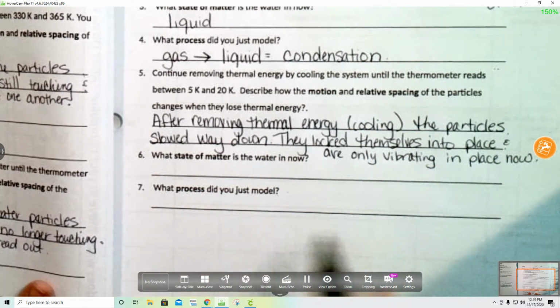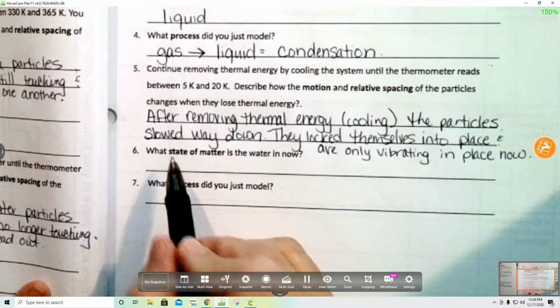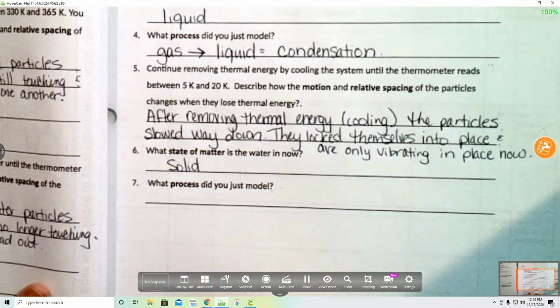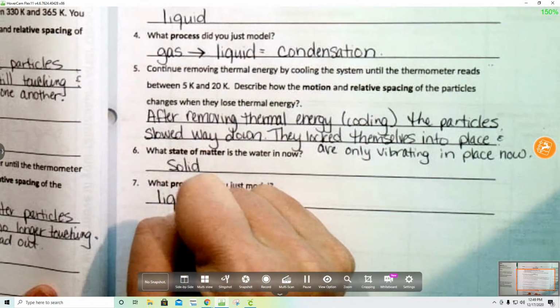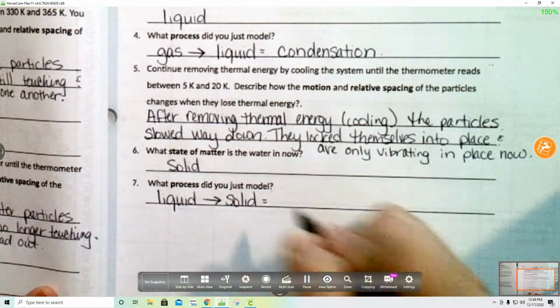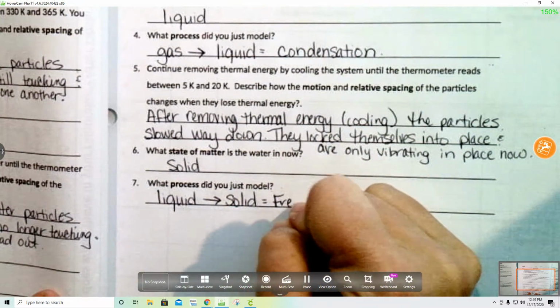Again, what does that sound like? Describing it this way, that sounds like the state of matter of solid. What process did we just model when we went from a liquid to a solid, which is what? Right on, freezing.